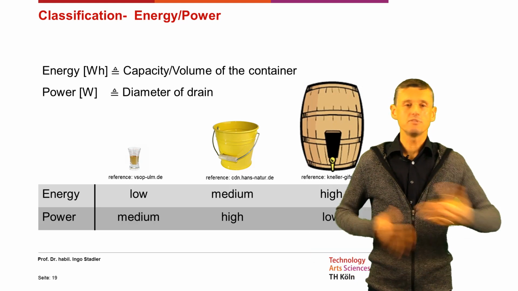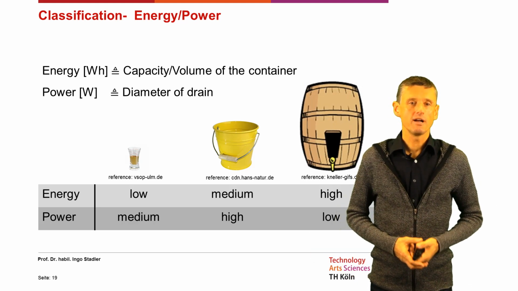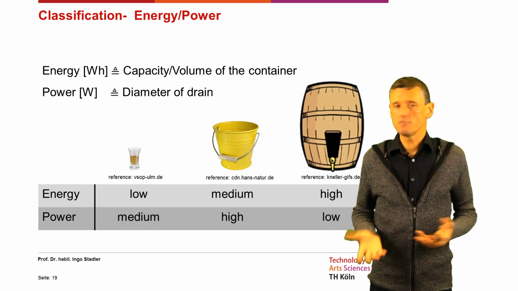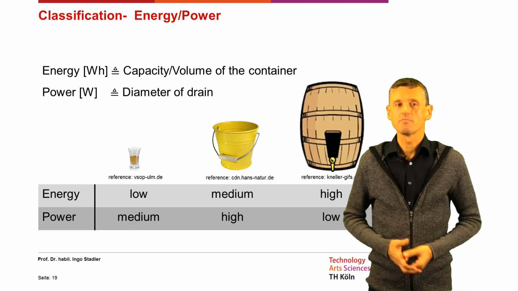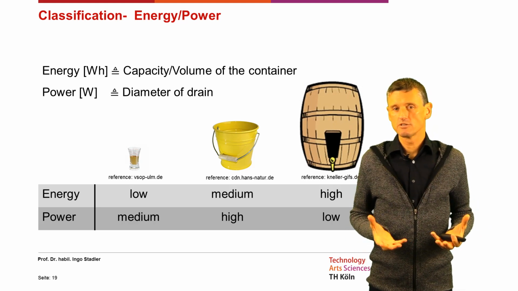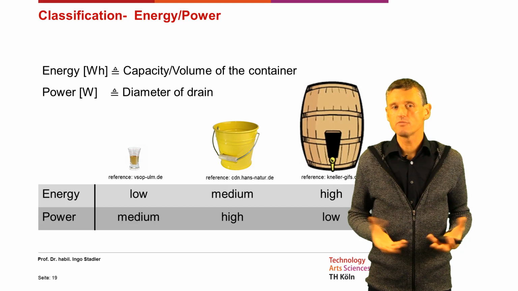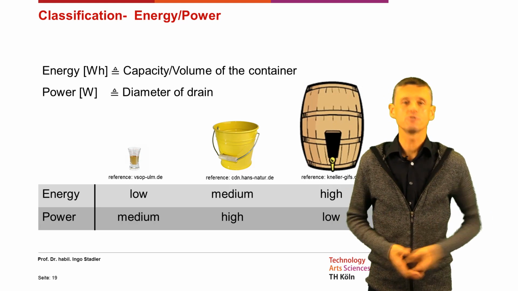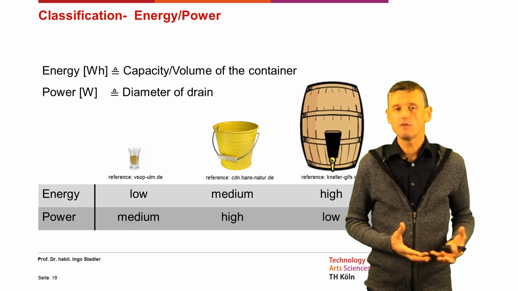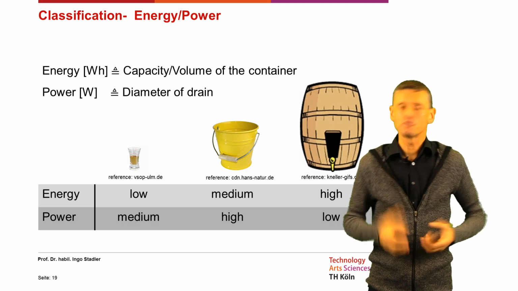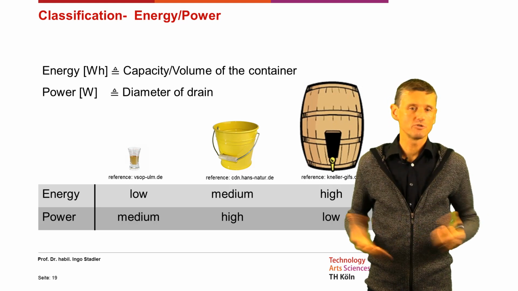And to make that a bit more clear, we just compare that with liquids. So energy could be compared with the capacity or the volume of a container. And the power is more the diameter of the drain where we release the water or the liquid.